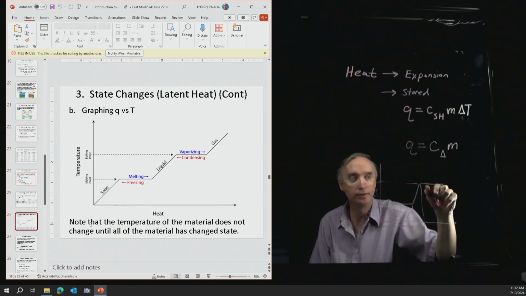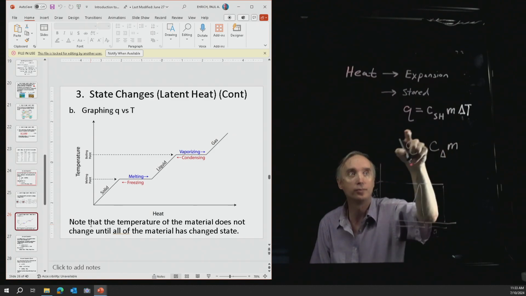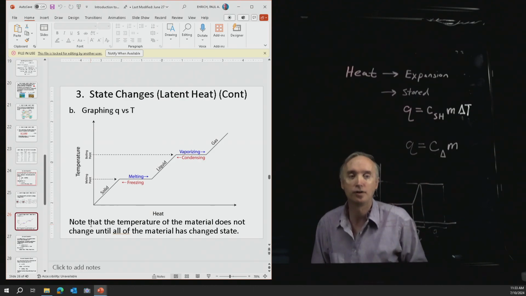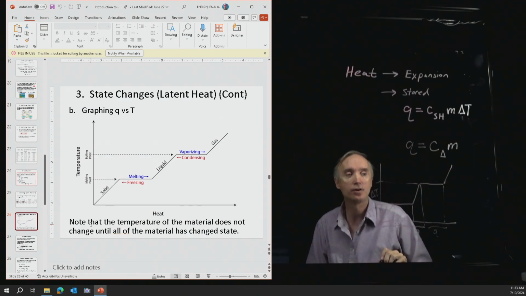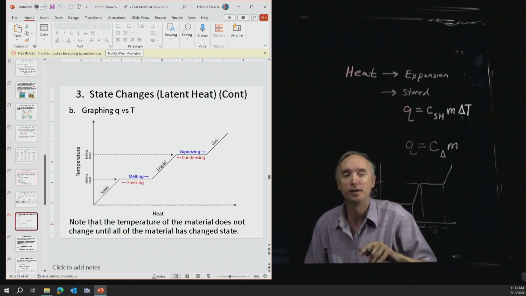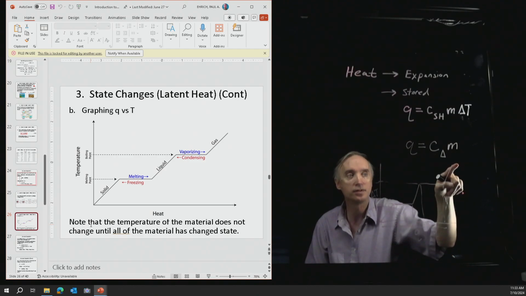And so it goes that way, and then this amount of heat right here would be given by this formula, but you have to use a different C value, because this would be the C for changing from a liquid to a gas. And then finally, it goes up again. Once you continue to increase the temperature, the amount of heat it's going to take to do that is going to continue to go up.